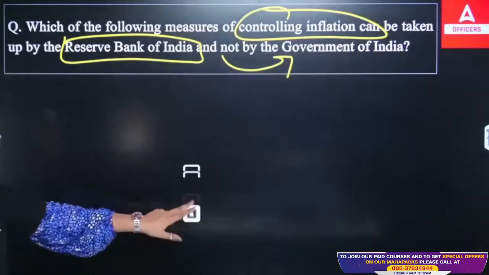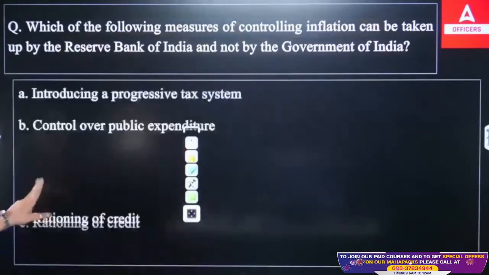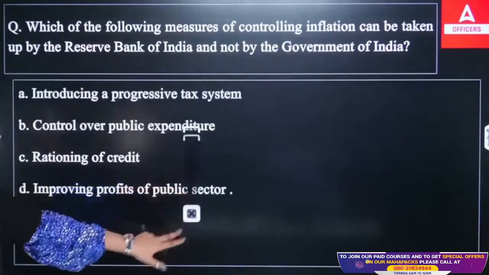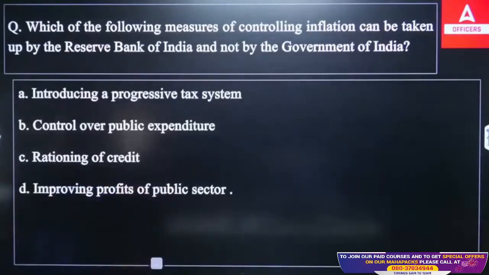So out of these, you have to tell which of the following controlling methods is used by RBI. Which of the following controlling methods should be used by RBI?